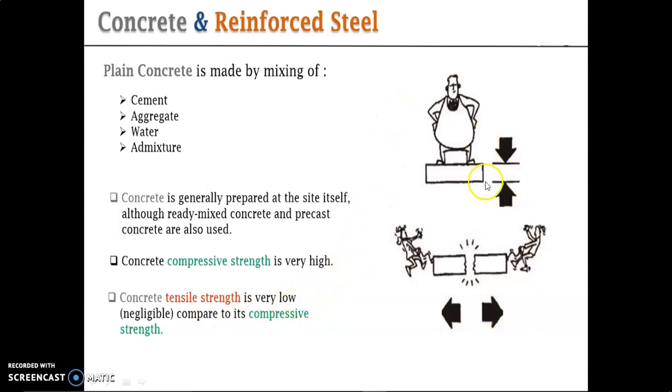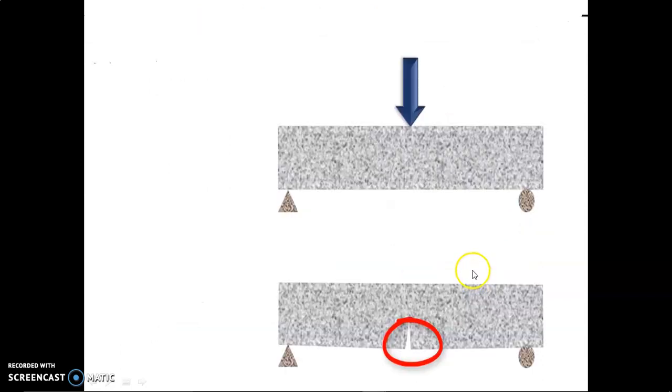So these two images show concrete is strong in compression but weak in tension. A man is standing on a beam, so it is comfortable for it. But if two men are stretching this beam, then the beam collapses. That shows that this part is weak in tension.